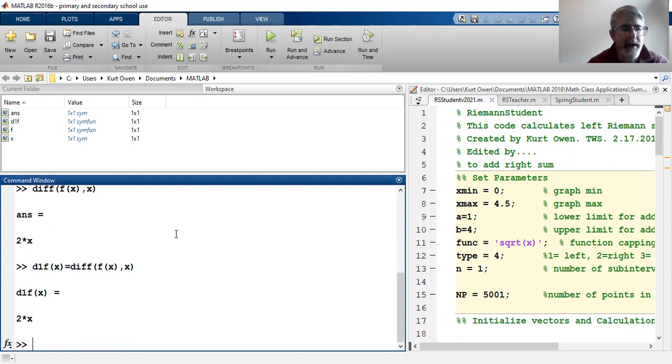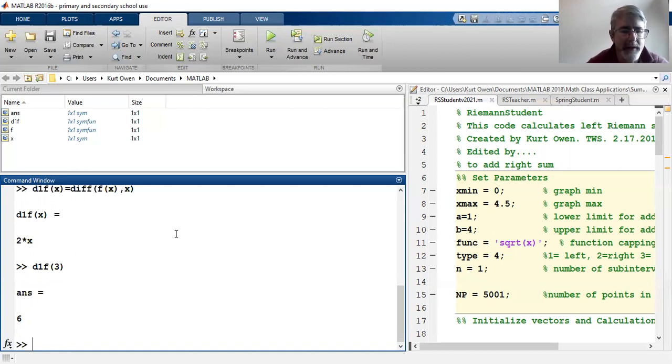Now if I do that, it exists. So d1f could be evaluated at a value like 3, because d1f is now a function in memory. Since the derivative of x squared is 2x, when I evaluate it at 3, the answer is equal to 6.